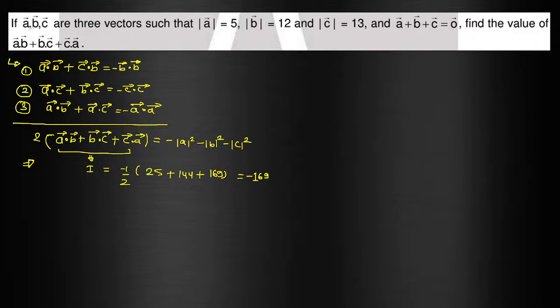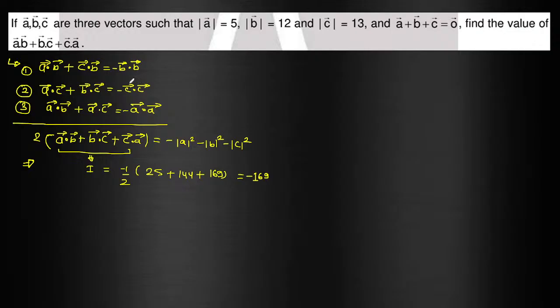Now this is the tricky question. A, B, C vectors are given, their magnitudes are given. A vector plus B vector plus C vector equal to 0 vector. Then find the value of A.B plus B.C plus C.A. So we multiplied this with B vector first, and secondly with C vector, third with A vector.